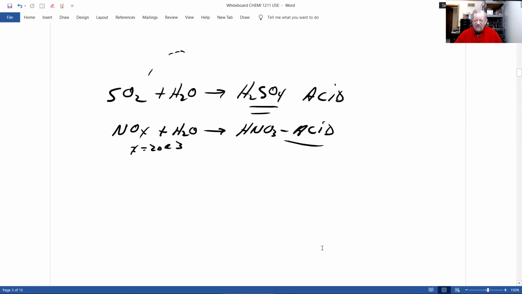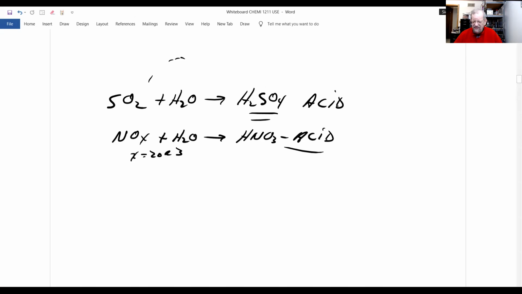Now, what the government did around 30 years ago is enact legislation to lower the emissions from power plants, also from cars and chemical plants, but mostly power plants. And that caused acid rain to be less of a serious problem.